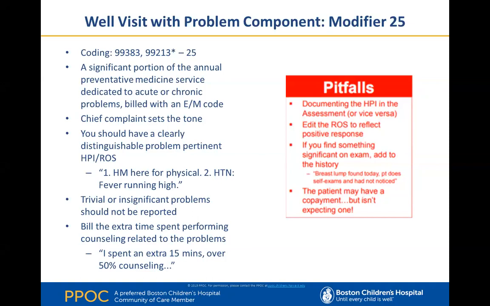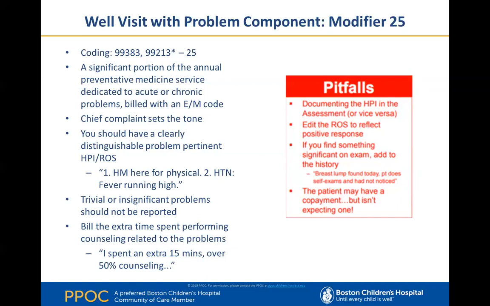The chief complaint is all important here, and I have a recommendation on this that on the surface might make you scratch your heads and roll your eyes a little bit. But when it comes to documenting the chief complaint and by extension the history of present illness, if the intent of the encounter is to do a surveillance well visit and also address the chronic issues, or the patient is there with a specific problem, you should address that in the HPI and chief complaint by saying, patient is here for a physical, but I'm also addressing something else.